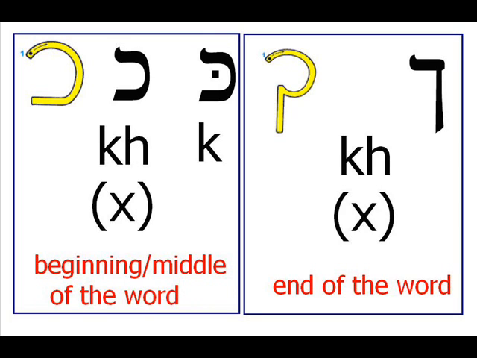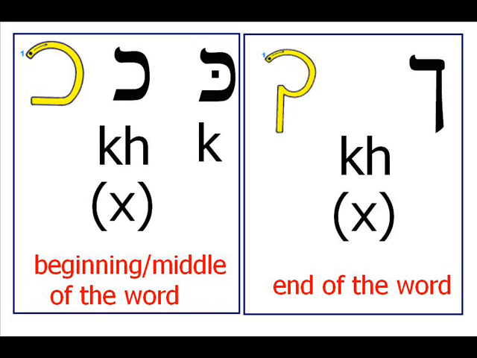And if we have a point inside the letter, it will be pronounced ka. But if this point is absent, it will be pronounced ha. And if we are at the end of the word, we will have another form and it will always be pronounced ha.